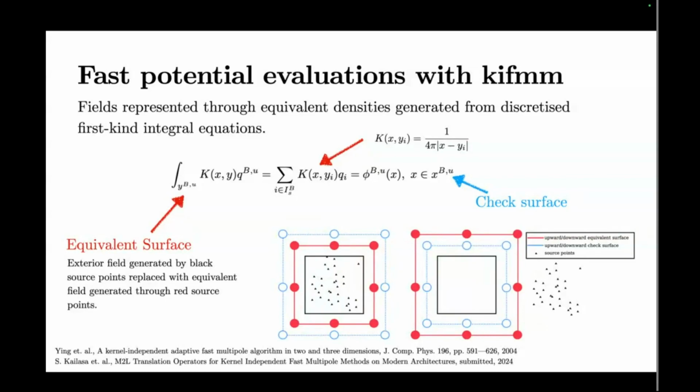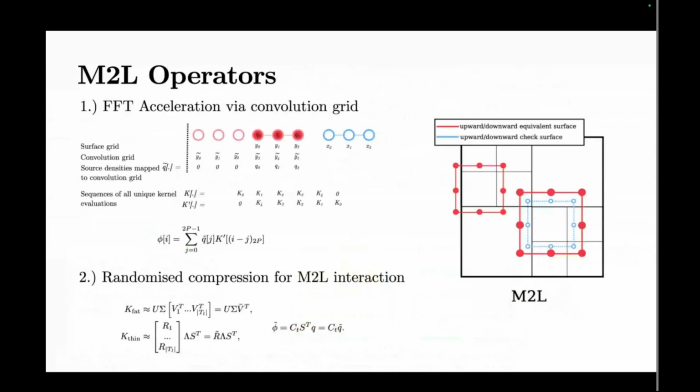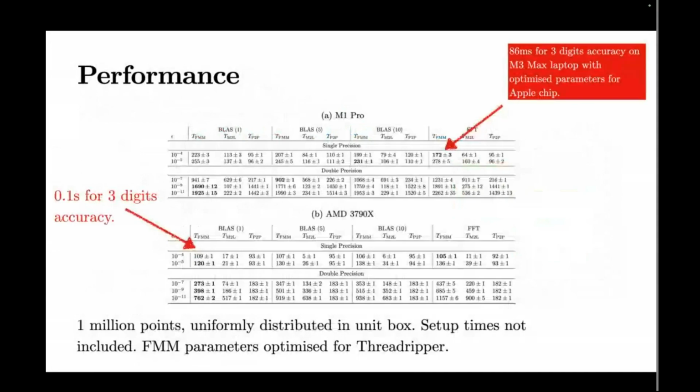Because the number of equivalent charges for each box is independent of the actual physical charges, this allows you, using some recursive tree-based techniques and data compression, to design a linear scaling algorithm. I'm not going to go into details here, but there's lots of FFT stuff and interesting tricks involved to make the whole thing fast and work nicely.